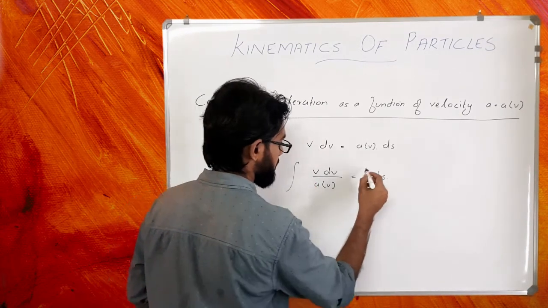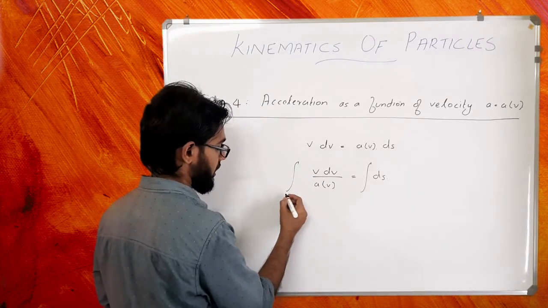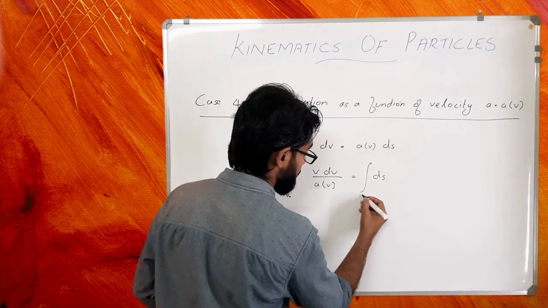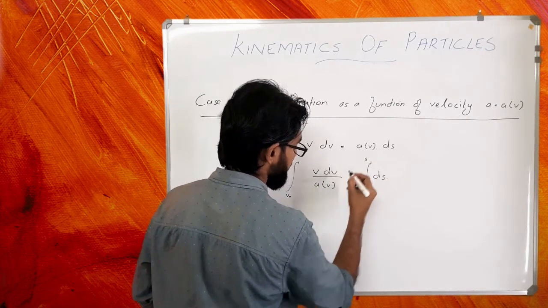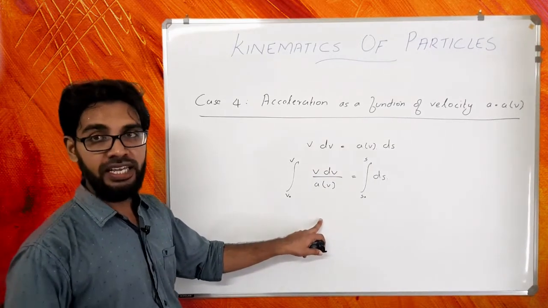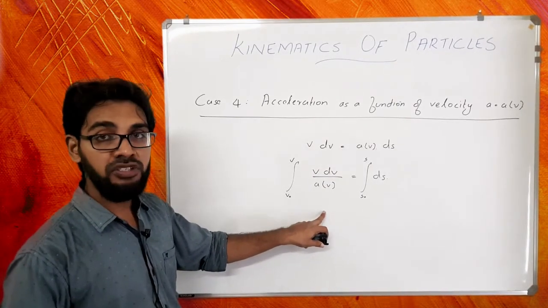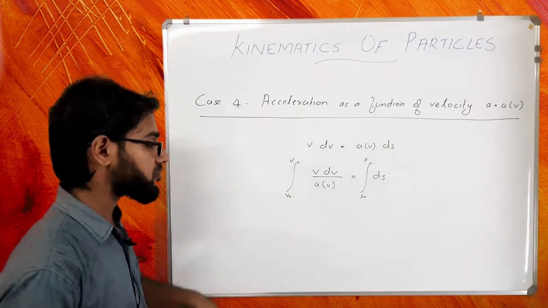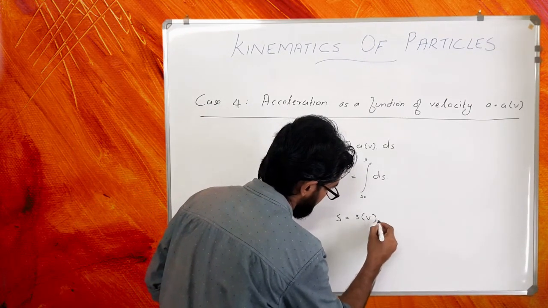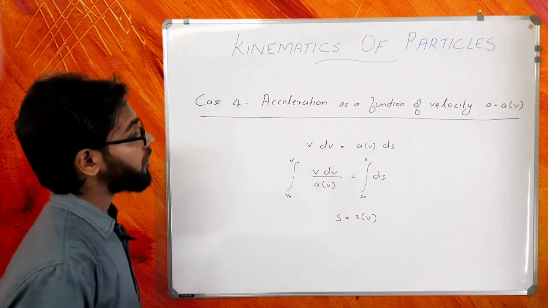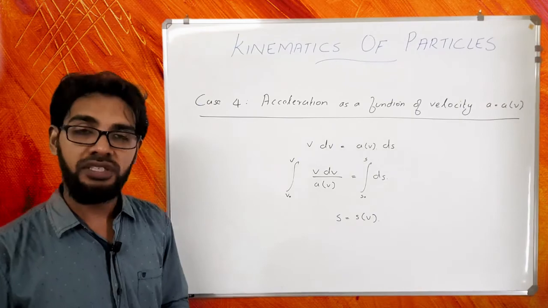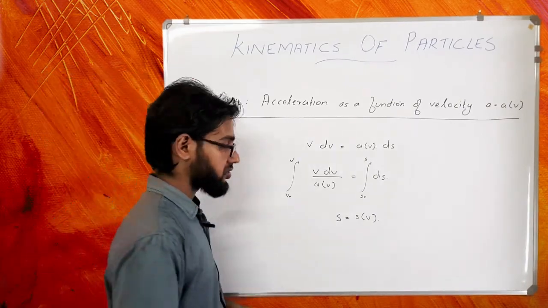I integrate on both sides, so I have from v0 to v and position s0 to s. Now if you look here again, you can see that here the position is a function of velocity. So here s is s of v. So depending upon what is required, we may have to use any one of these equations. Now let us solve a problem.